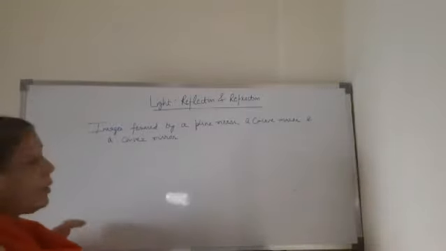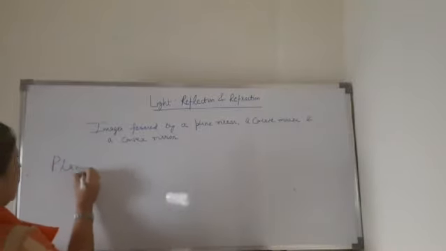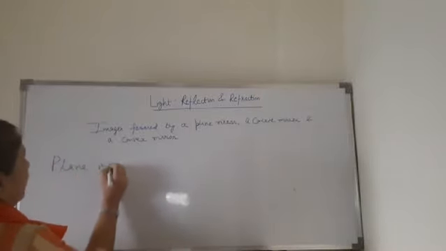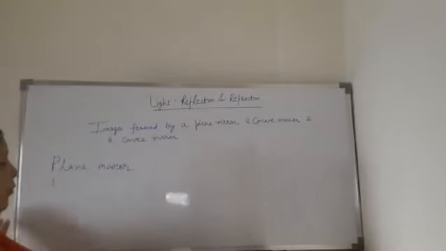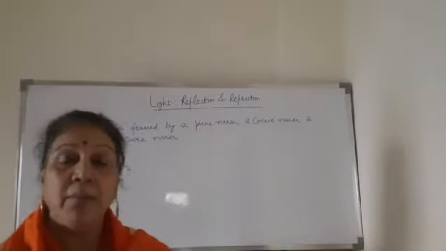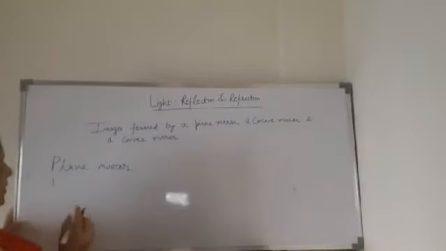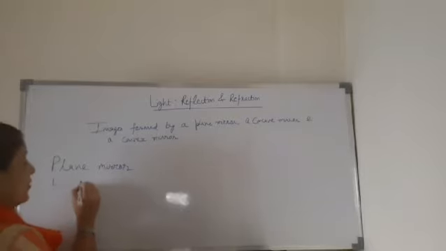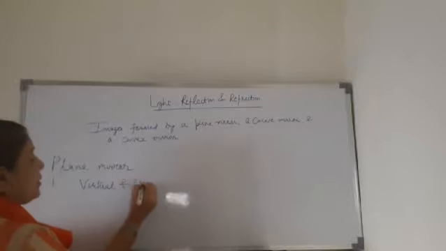So how are the images formed for a plane mirror? What are the properties of the plane mirror? For a plane mirror, the image is always virtual and erect.